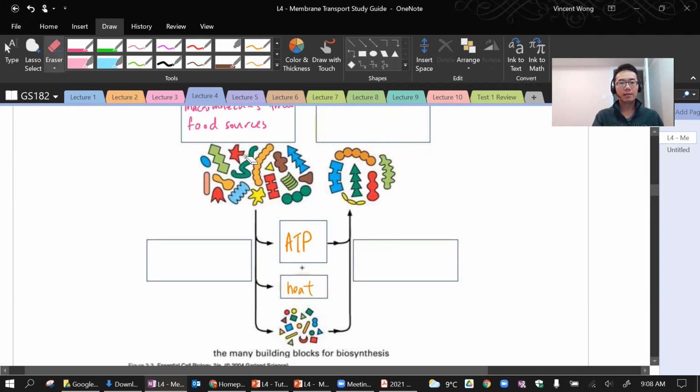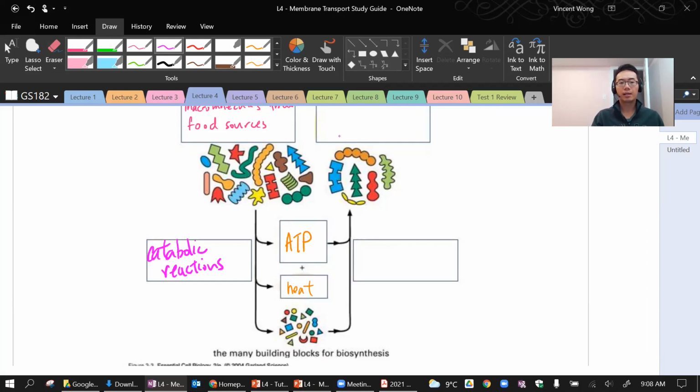So breaking down the macromolecules into the building blocks, this is the catabolic reaction. And then we will use the building blocks to make things that we need. Maybe we need to build a hormone, build phospholipids, or store the extra energy as glycogen.